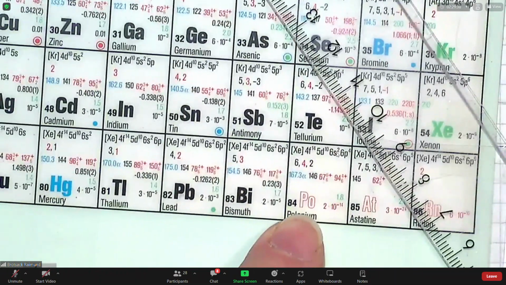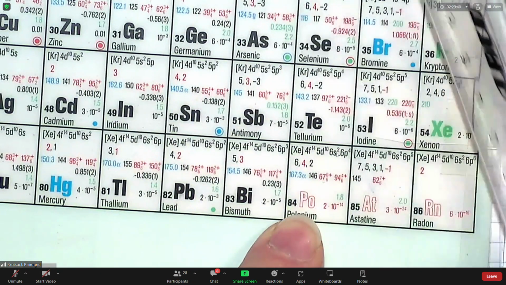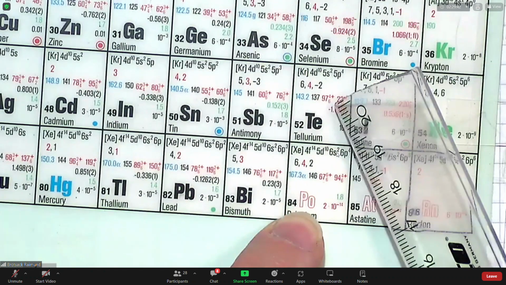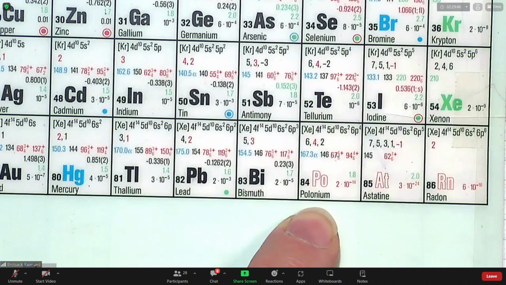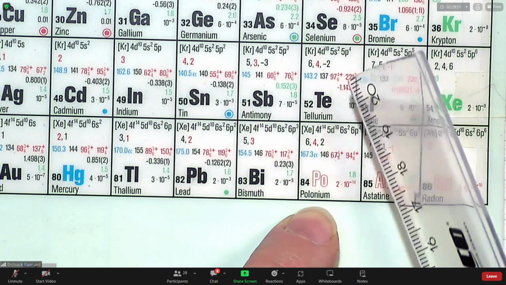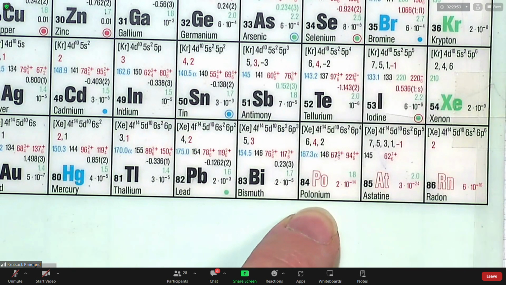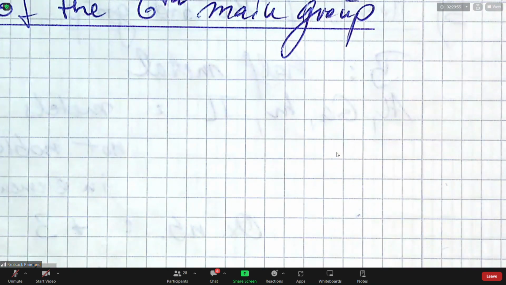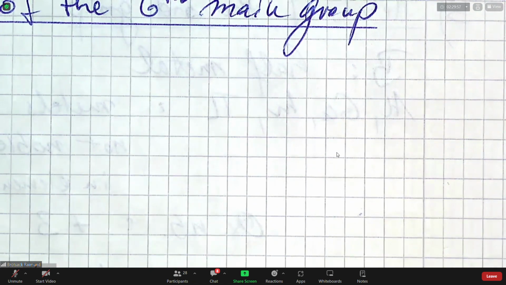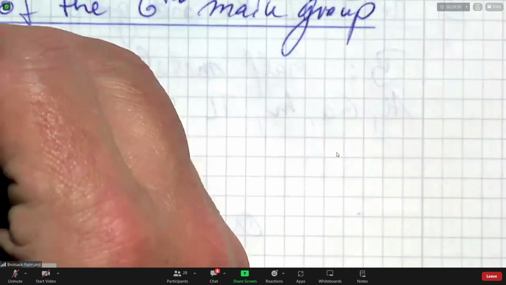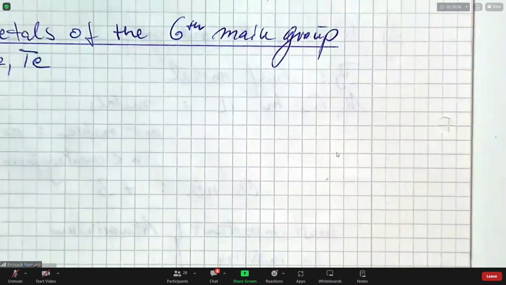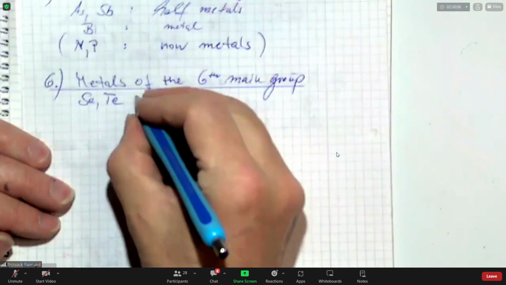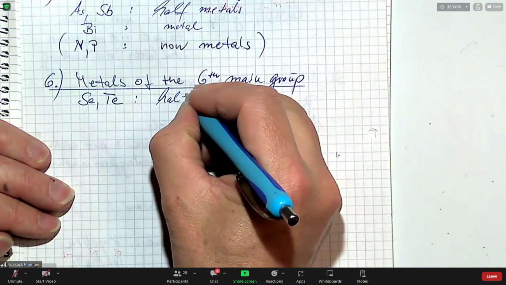Tellurium is a half metal, even selenium. Selenium is a half metal, tellurium is a half metal. Polonium is a metal, but it's radioactive. The main oxidation number is +4. It could be +6. So selenium and tellurium, these are half metals.